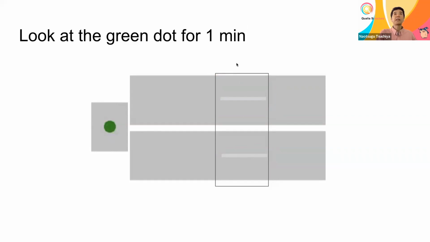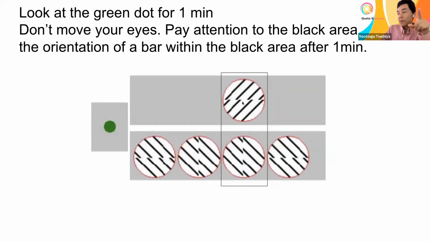The important thing is that with this experiment, you can use an adaptation stimulus that is either consciously visible or consciously invisible, right?